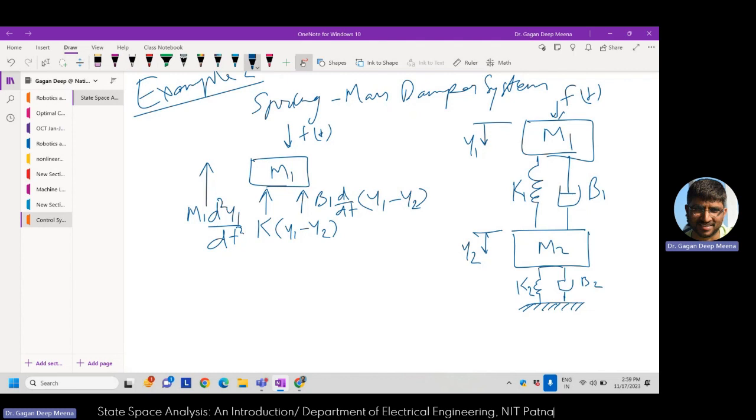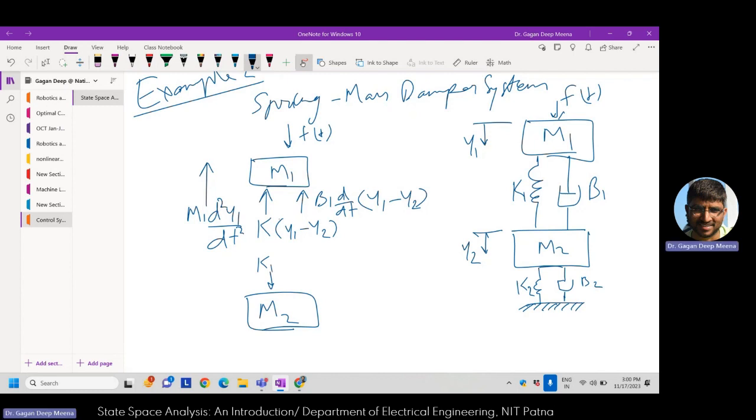So this is the free body diagram for the mass m1, and then I'll have the free body diagram for mass m2. The inputs going to the mass m2 are the forces from the spring k1 and the damper b1.